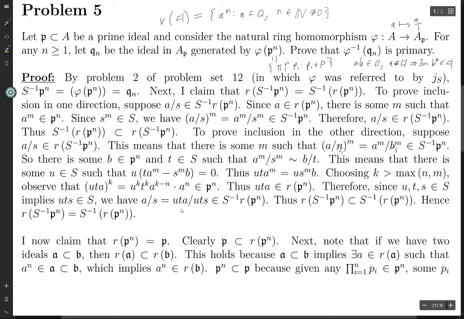Here's what we're going to do. B is in p to the n. Okay, I'm going to do this on the fly, and I'm probably going to mess it up.